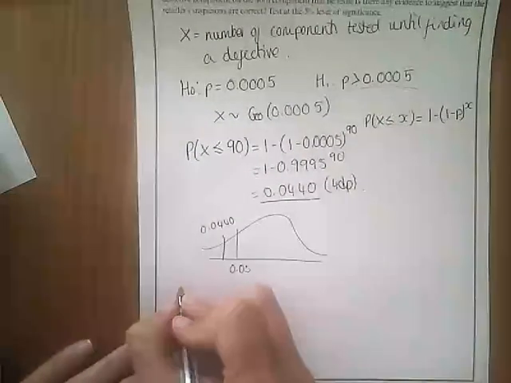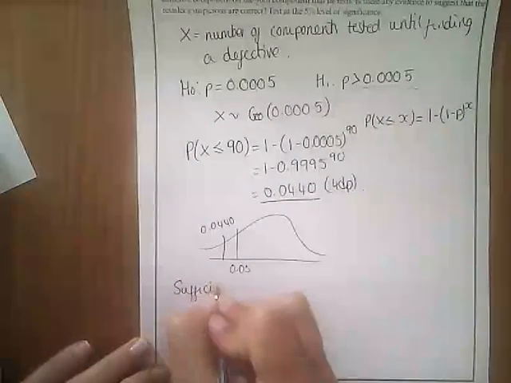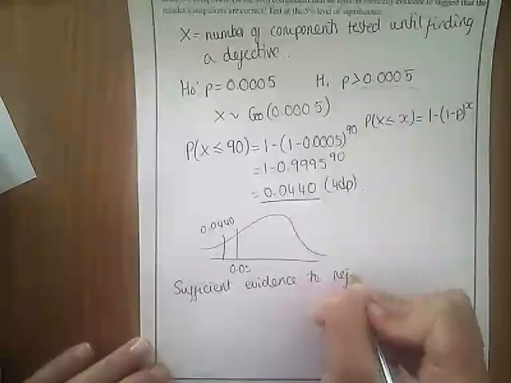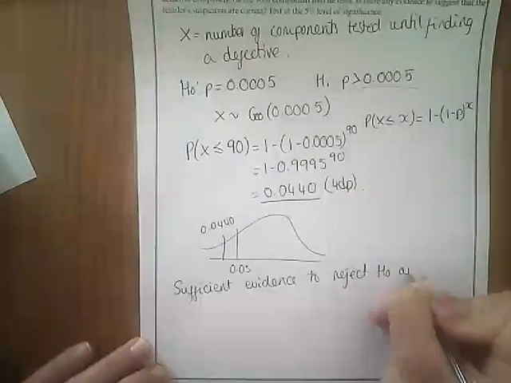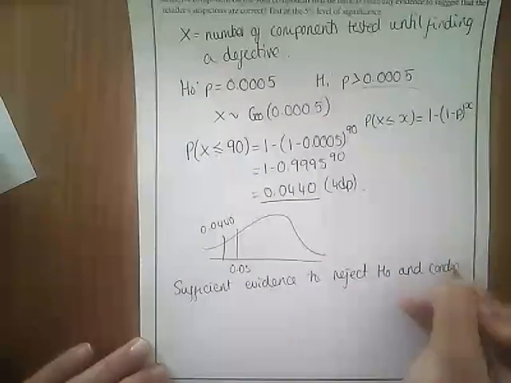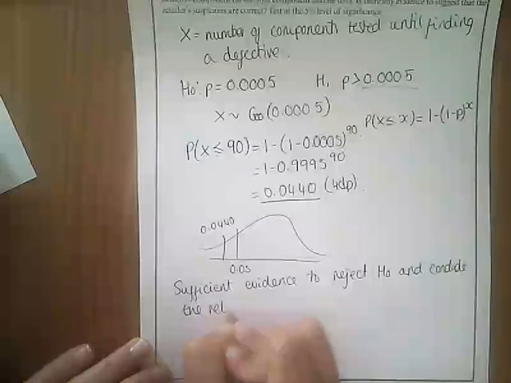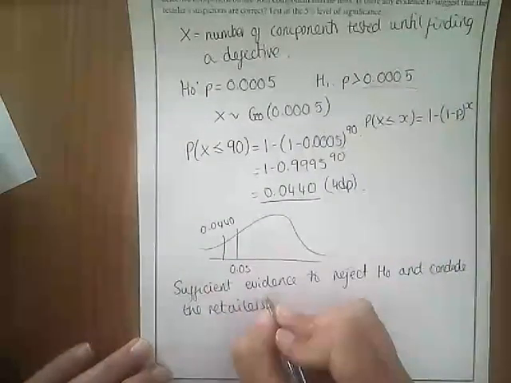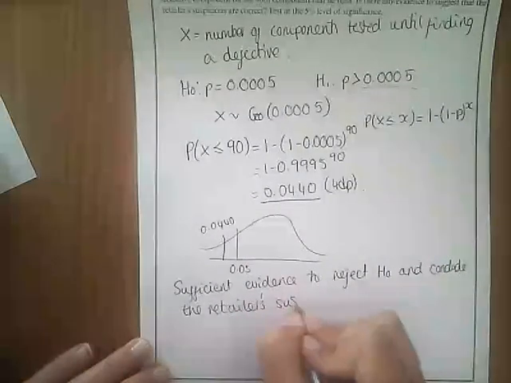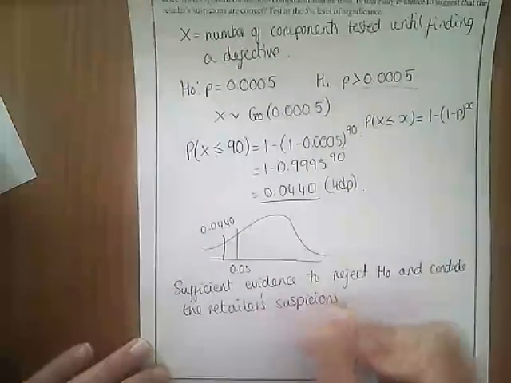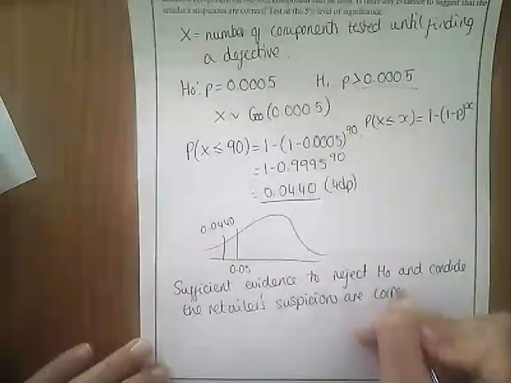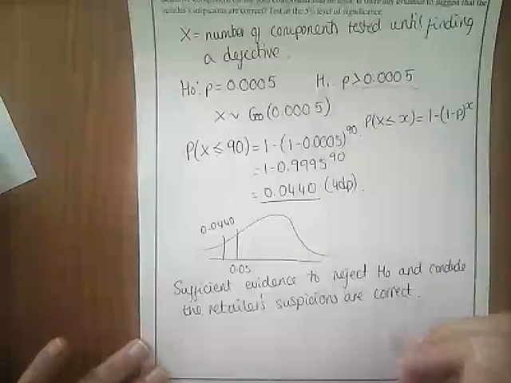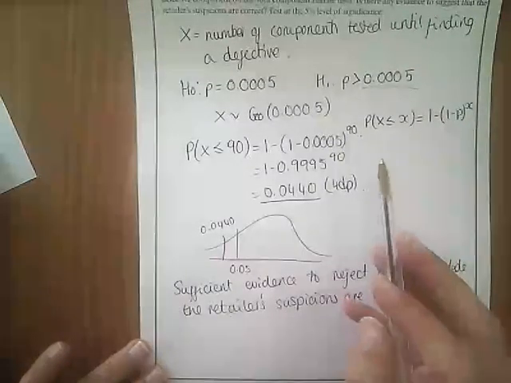So then we can say that there is sufficient evidence to reject H0 and conclude the retailer's suspicions are correct. And then you could put that the electronics company should be saying that the percentage defective is higher.